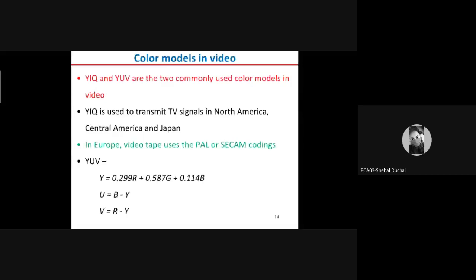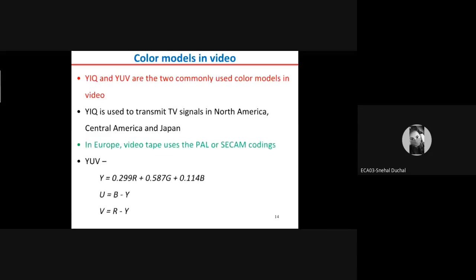Everyone focus on the screen. Here we represent a formula to convert the RGB model into the YUV model. By using various conversion techniques, we can convert one model into another model.